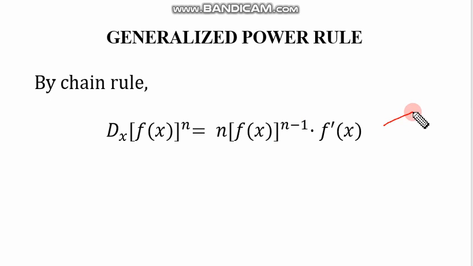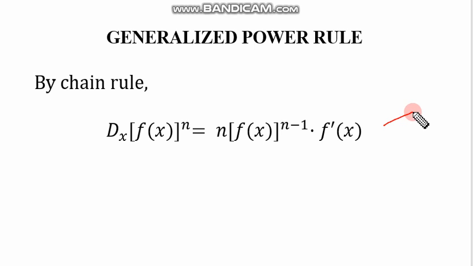So remember this one. This is the generalized power rule. According to the chain rule, the derivative of f of x raised to n is equal to n times the function raised to n minus 1 times f prime of x.